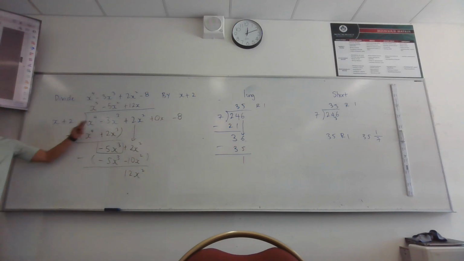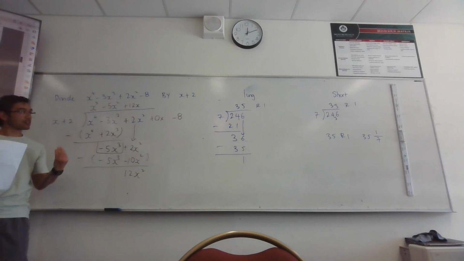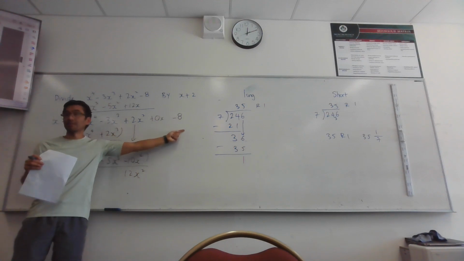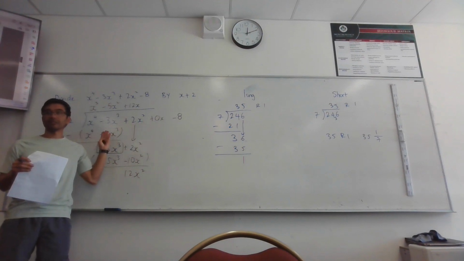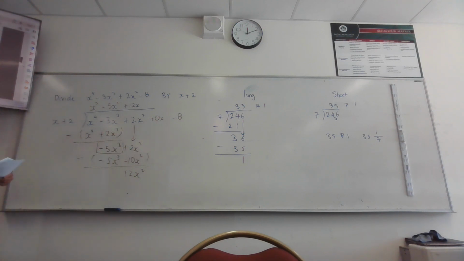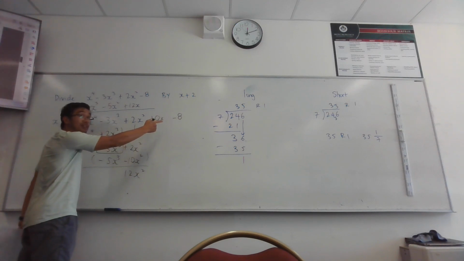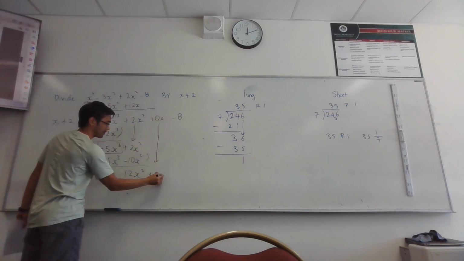You can see the pattern, x to the 4, x cubed, x squared. We need to account for a 0x as well, and then the number. Sometimes there are terms missing in here. So instead, what is being brought down? It's not the negative 8, it's a 0x.